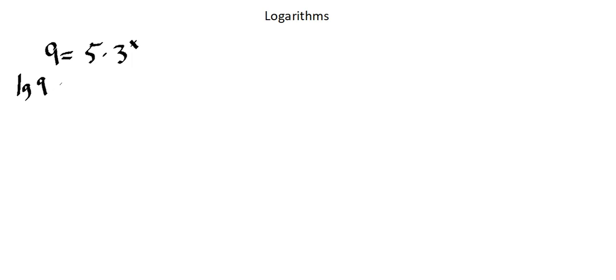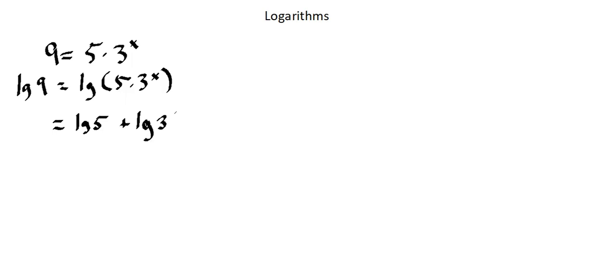So log 9 equals log of 5 times 3 to the power of x. And using my log laws, on the right side of the equation, I'm going to show that this is equal to log 5 plus log 3 to the power of x.